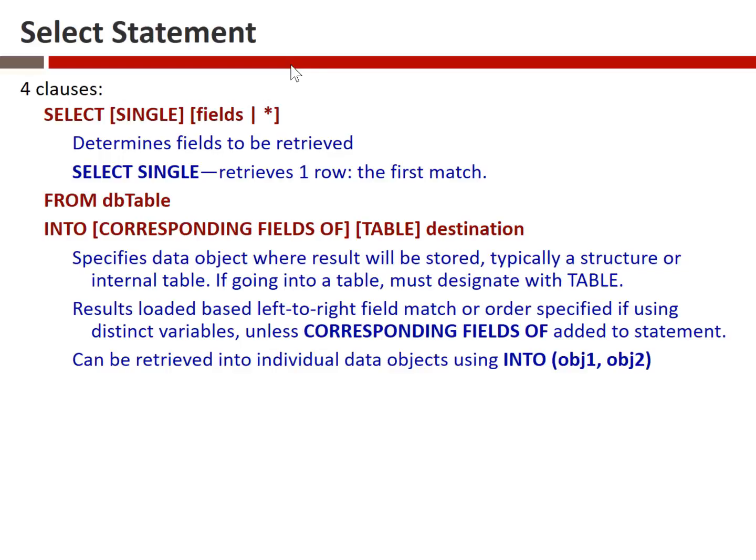Or if for whatever reason I didn't want to actually create a structure, I could say select first name, last name, middle initial from database table into, and then in parentheses put fname, comma, lname, comma, middle name, where those are all data objects that have been defined in the context of my program.